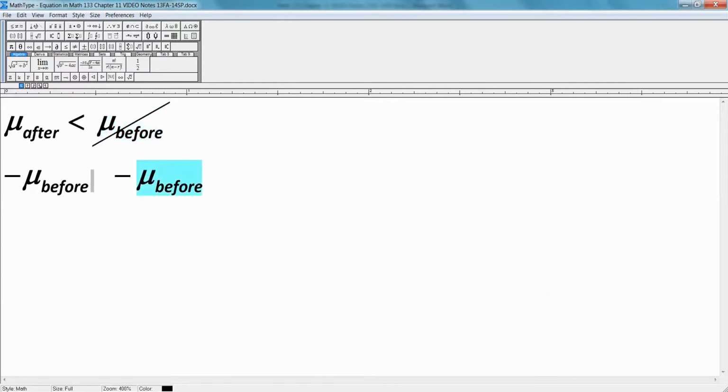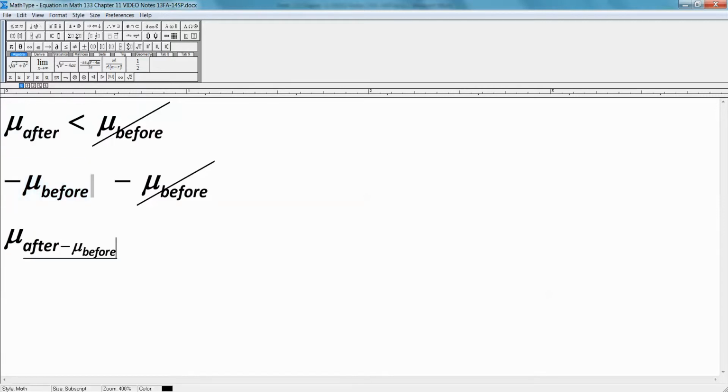Mu before, take away mu before, makes big fat 0. So you're going to have mu after minus mu before less than 0. All right, but mu after minus mu before is how we defined mu d. So we're going to say mu d is less than 0. There's our hypotheses right there. So that's the alternative, I should say.